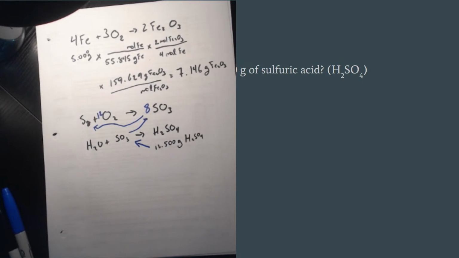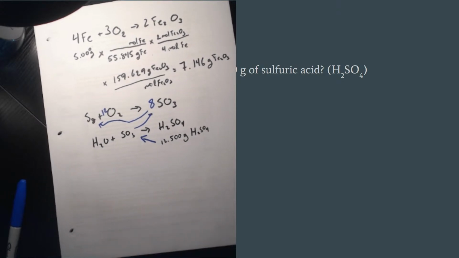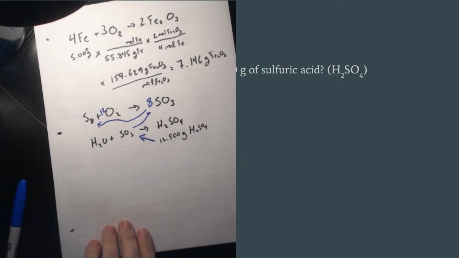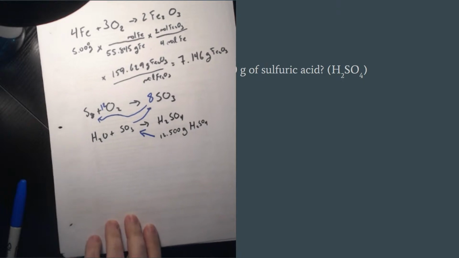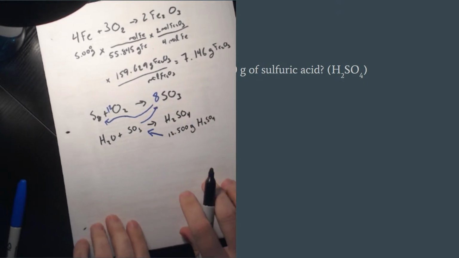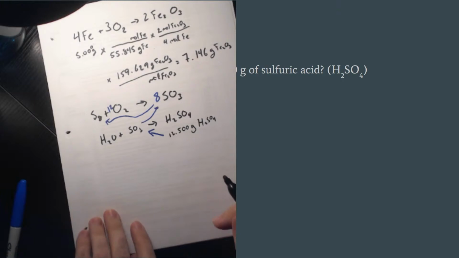So it's not nearly as bad as you might think. It's going to be the exact same sort of thing, even though it's technically two reactions, that's not a problem at all.